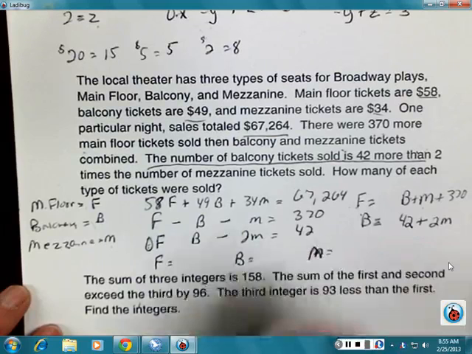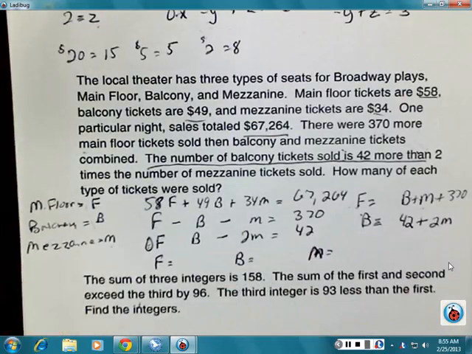And by putting the letters of F, B, and M in there, you automatically know what ones you have for answers.